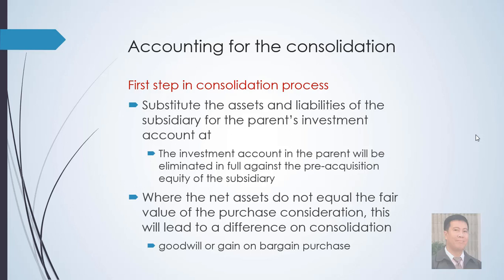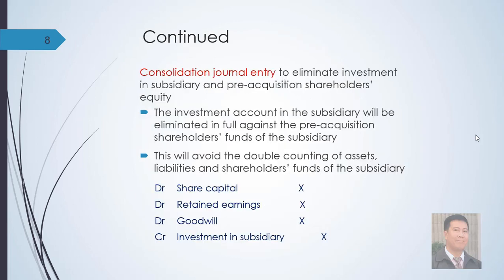Where the net assets do not equal the fair value of the purchase consideration, this will lead to a difference on consolidation. It will be either goodwill or gain on bargain purchase. So later we'll discuss those. The consolidation journal entry to eliminate the pre-acquisition shareholders' equity of the subsidiary will be like this: debit share capital, debit retained earnings, debit goodwill, and then credit investment in subsidiary.